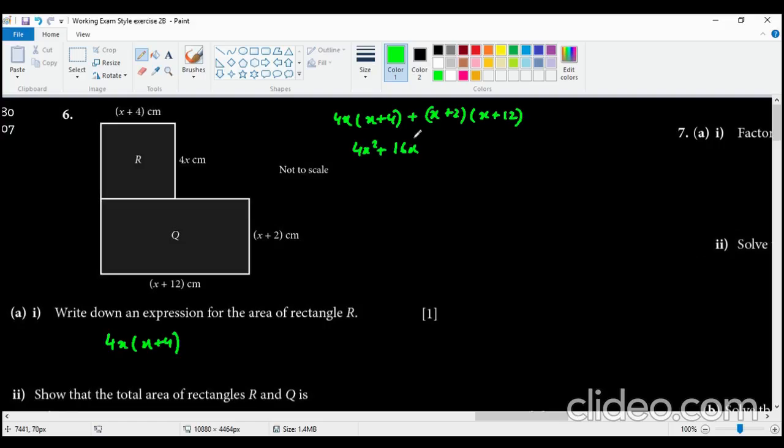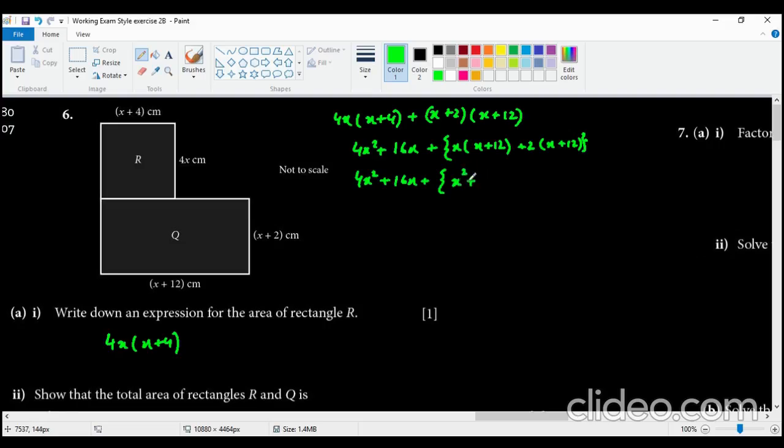Now we have to multiply these two, so I will keep this within the curly bracket. x plus 12 first, and then x plus 12 once again will be multiplied by plus 2. So first we'll solve within the bracket itself.